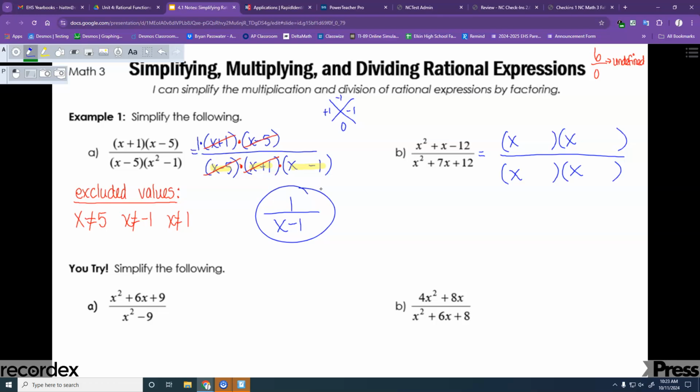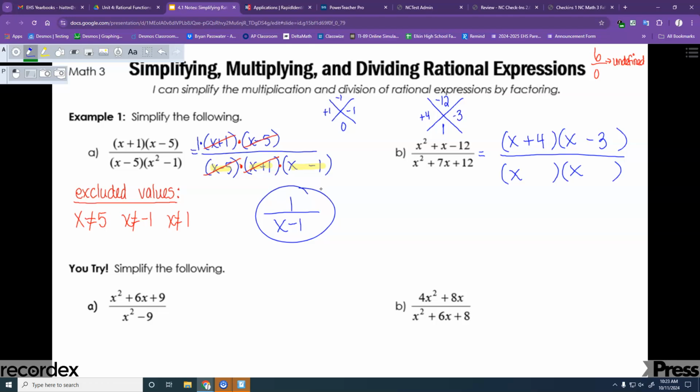Lanaya is telling me to do positive 4, negative 3. Does that look right? If you're an X method person, you're multiplying to get negative 12, and adding or subtracting to get positive 1, and that has to be a positive 4, negative 3.